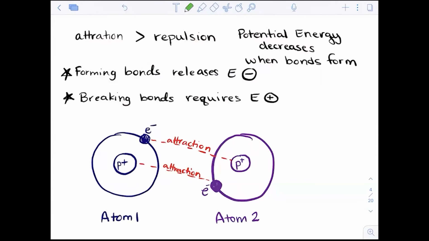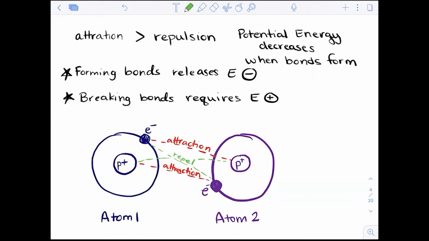Now, what we do have to remember, though, is that electrons repel and protons repel. So there has to be a balance. There's going to be a balance between all of our atoms when they start to bond.